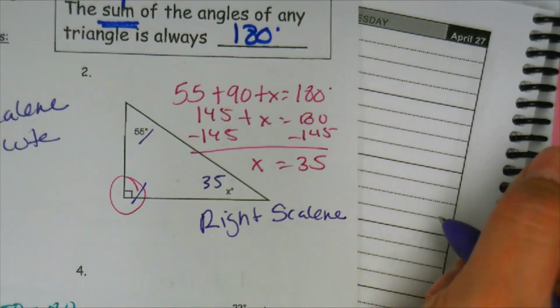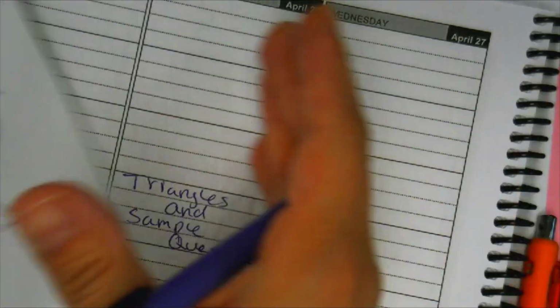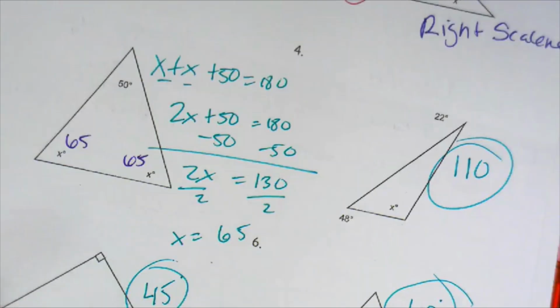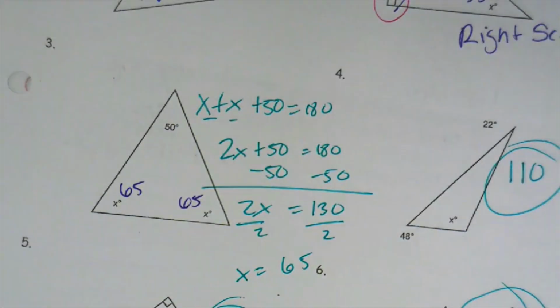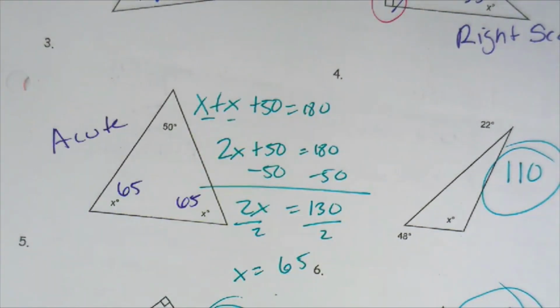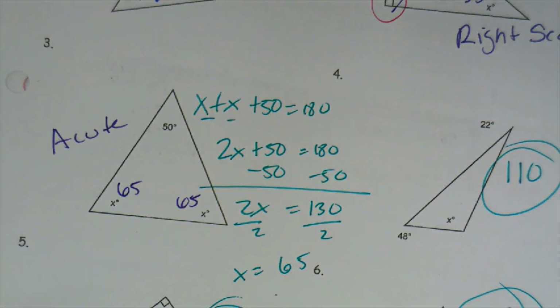Okay, number 3. So this one's 50, 65, 65, right? Any 90s? No. Any obtuse? No. So what do we call it? It's acute. Any of the angles equal? How many? 2. So if 2 angles are equal, that means that there are 2 sides that are equal.